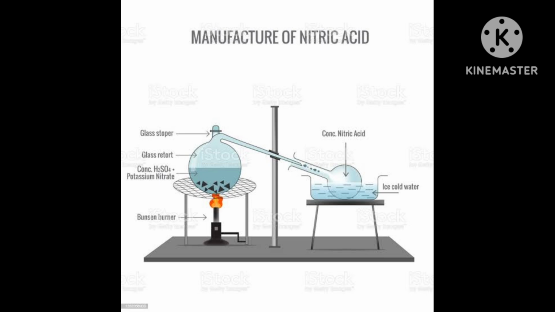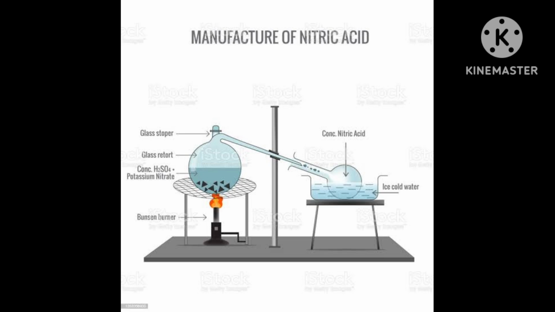Copper plus nitric acid. If copper is the metal and the nitric acid is dilute, then it will give three products, but the main product I am telling you is NO gas, nitric oxide, with dilute acid. And second, with the same copper, if you take concentrated nitric acid, it will form another product, NO2.